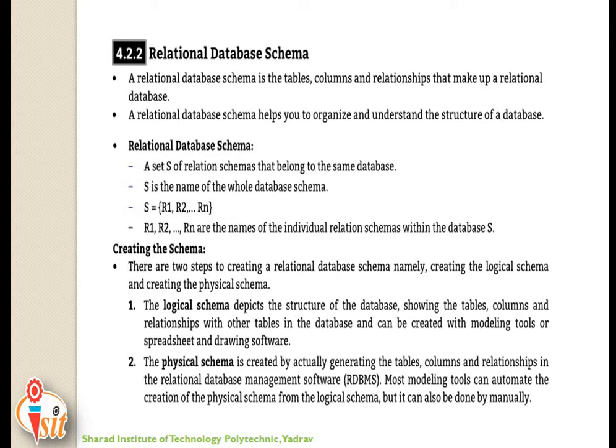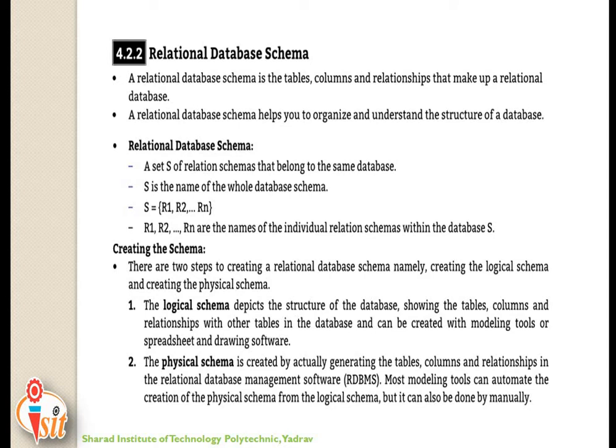After that, the second point is the relational database schema. You are already aware of what a database schema is. Here, a relational database schema is the tables, columns and relationships that make up a relational database. A relational database schema helps you to organize and understand the structure of the database.